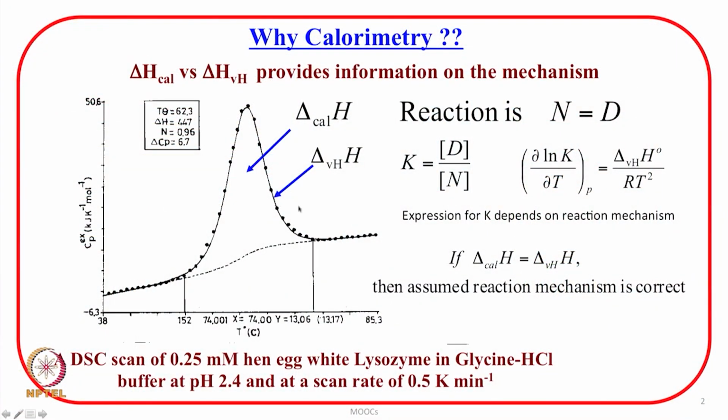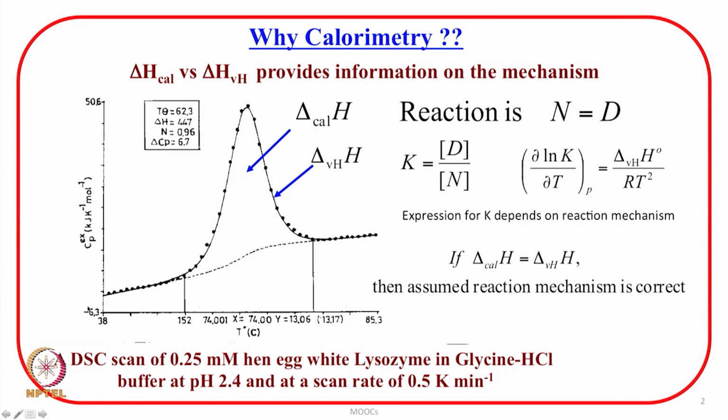Okay. So, this Van 't Hoff enthalpy, which depends upon the shape, and the calorimetric enthalpy, which is coming from the area under the curve, become very, very important. Okay.